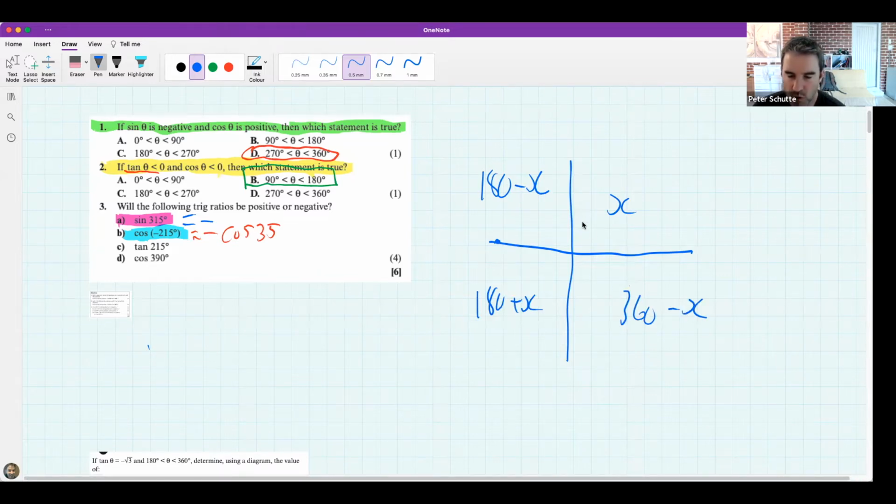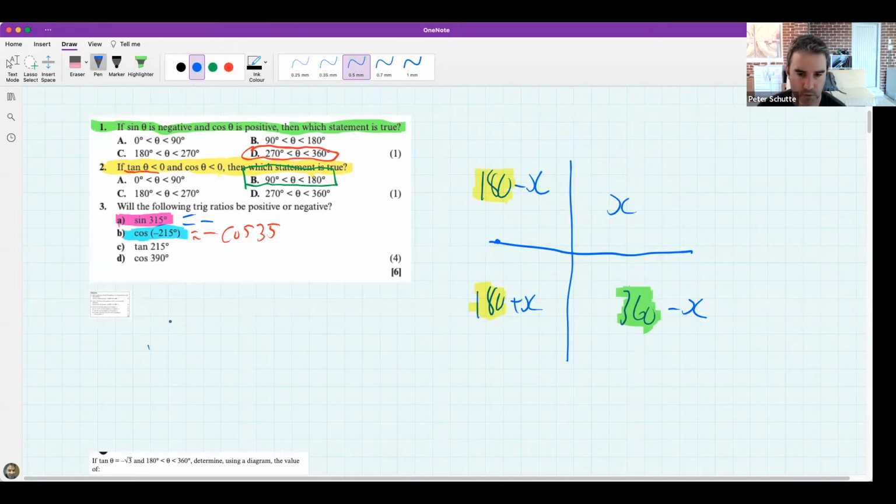So these can help you reduce an angle because these are incorporating the nearest horizontal. If you're in quadrant 2 or quadrant 3, can you see that the nearest horizontal is 180? But if you're in quadrant 4, the nearest horizontal is 360.